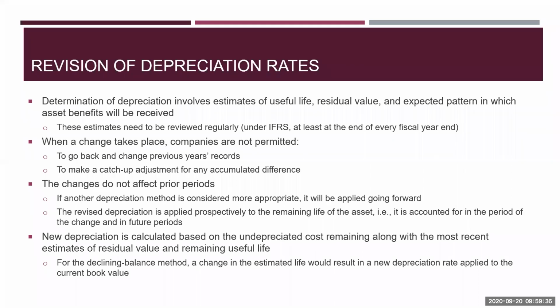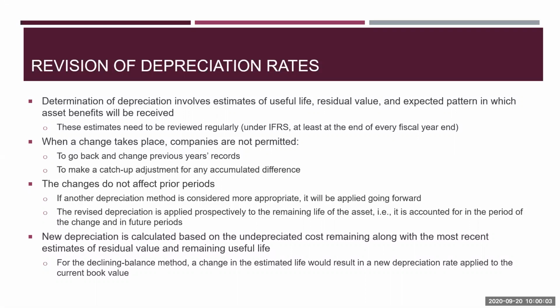The same idea applies if the company decides to change their depreciation method. So let's say the company was using the straight line method in the prior years because it was easy to use, but going forward, they want to use units of production. So if there is a change in the depreciation method, then the change in depreciation method is treated the same as the change in estimates.